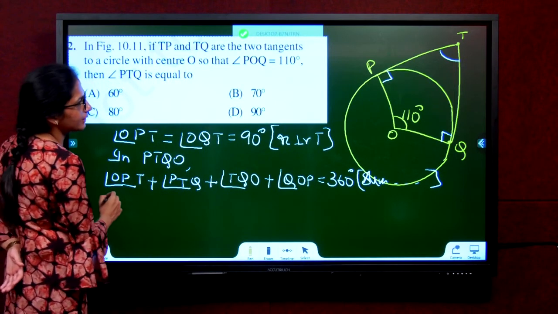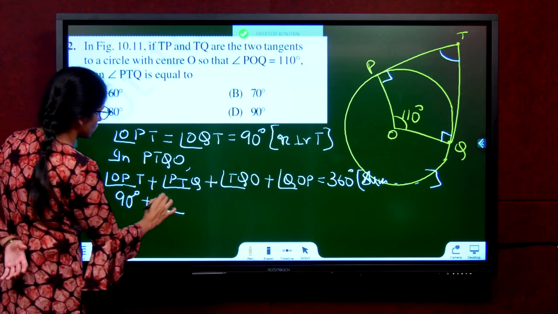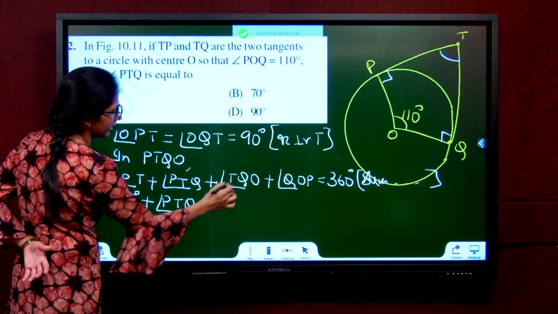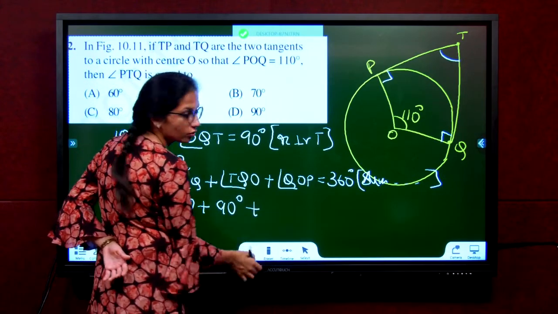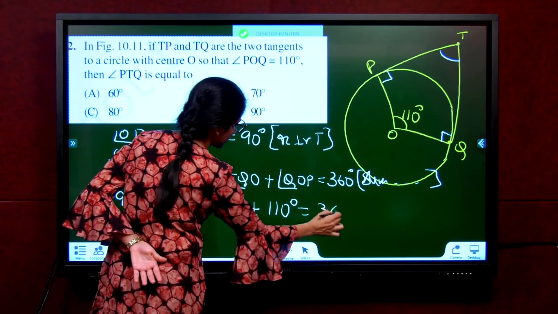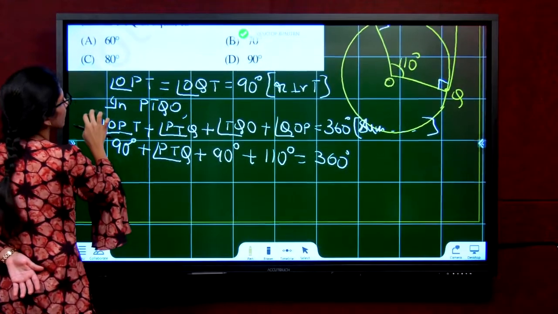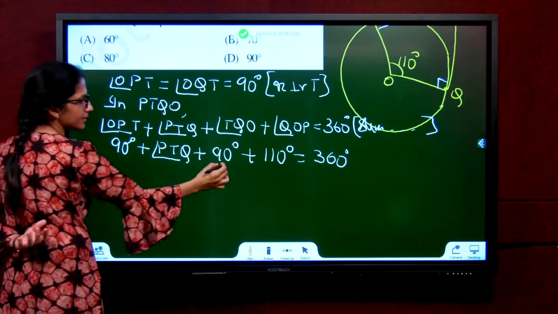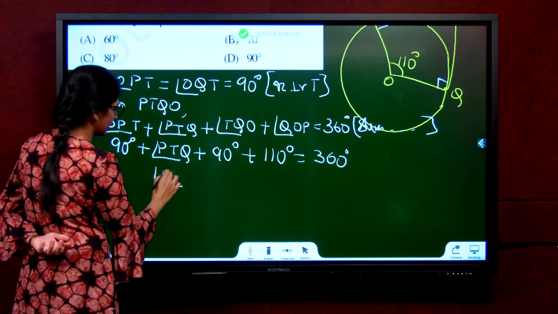Angle OPT 90 degrees. Angle PTQ, keep it like that only. You have to find that. TQO 90 degrees. QOP 110 degrees is equal to 360 degrees. 90 plus 90, 180. 180 plus 110, 290.